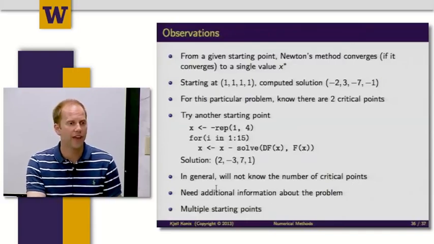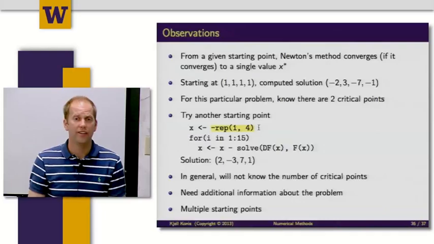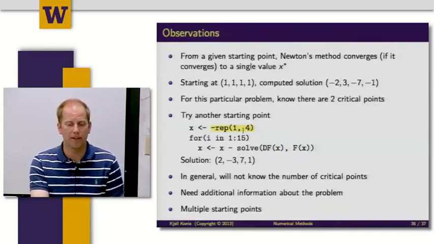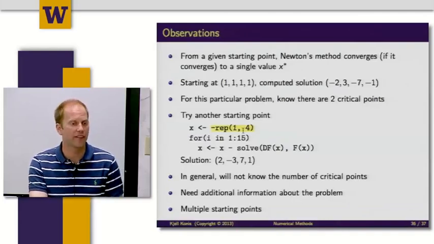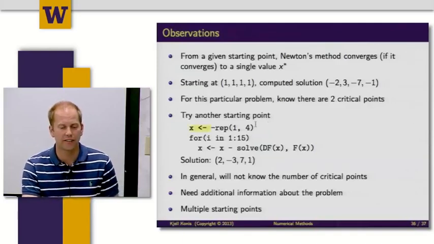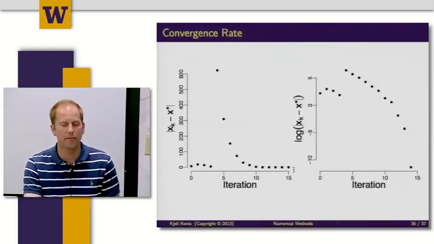And if you can't do that, the very best you can do is just try to use multiple starting points. So really what you would do here is use some sort of random number generator to choose starting points. You want to be a little bit smart about it, so you want to choose things that are on the same scale. Another thing I should point out here is the starting value that I chose, and that might go a long way to explaining why we get this huge jump here.